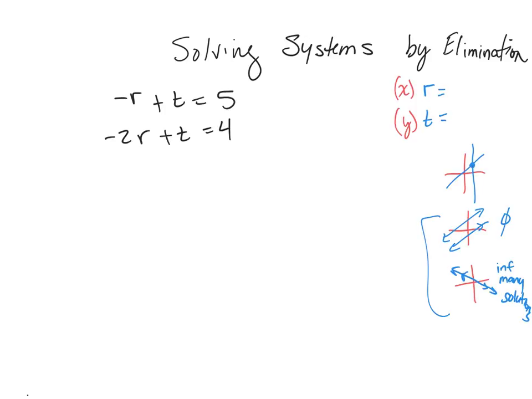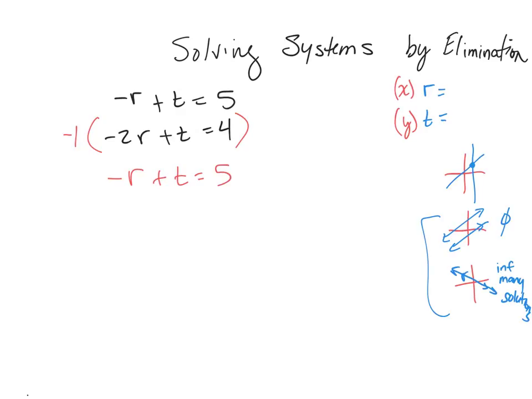Now, there's not a right or wrong answer, but there might be one that's a little bit more difficult than the other to do. In this case, the two t's are positive. What can I do to one of those equations to make one of those negative? If we multiply one of these equations by -1, we'll have the first equation the way we saw it first, which is not a big deal.